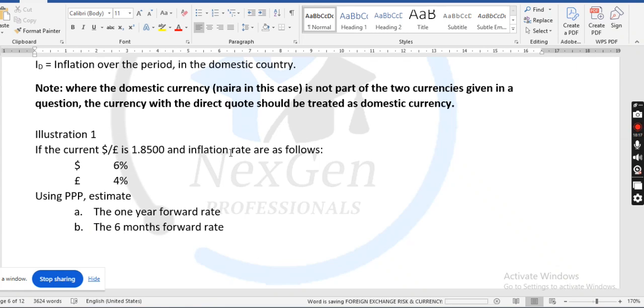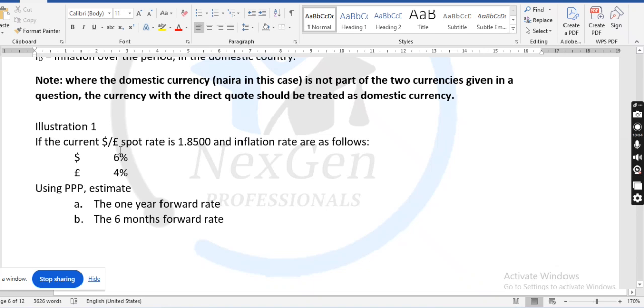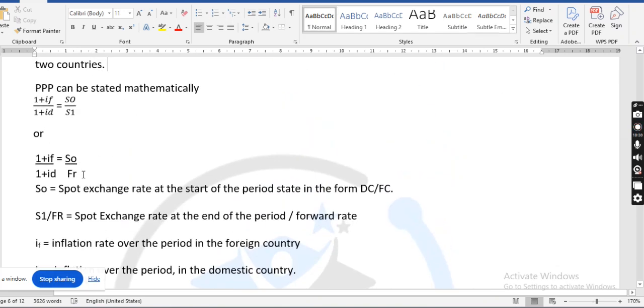Now, the question now is, if the current spot rate, class, the question now is, Nigerian currency from our formula here has to determine the forward rate.